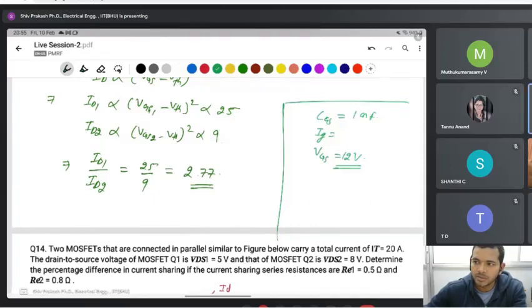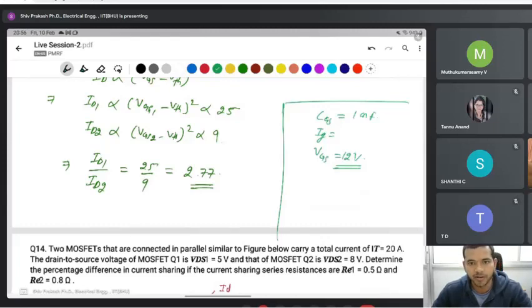Sir, if you see assignment 3, question number 10, last question. They are asking that gate current is required to turn on the MOSFET. Yes, sir, they are asking, but here the MOSFET is already on. Then it is about sustaining the turn on of the MOSFET.